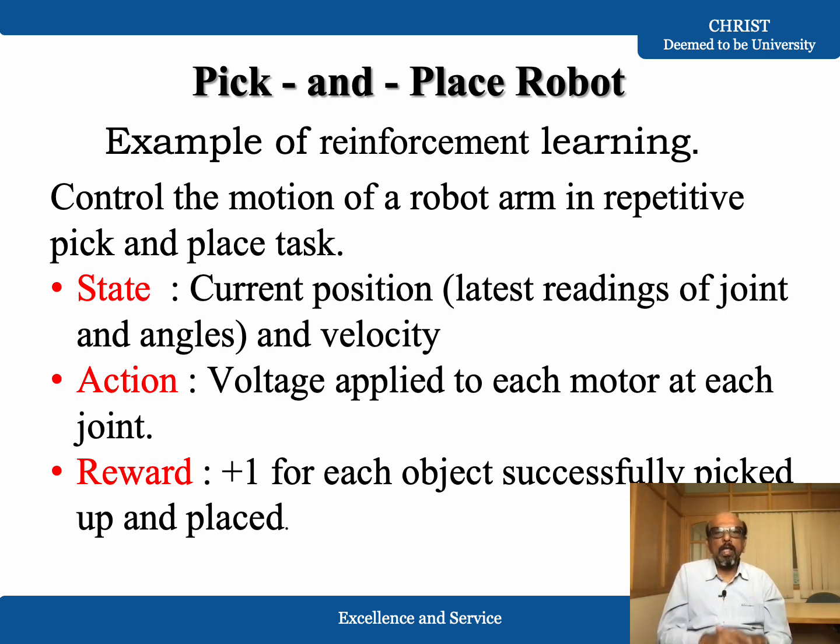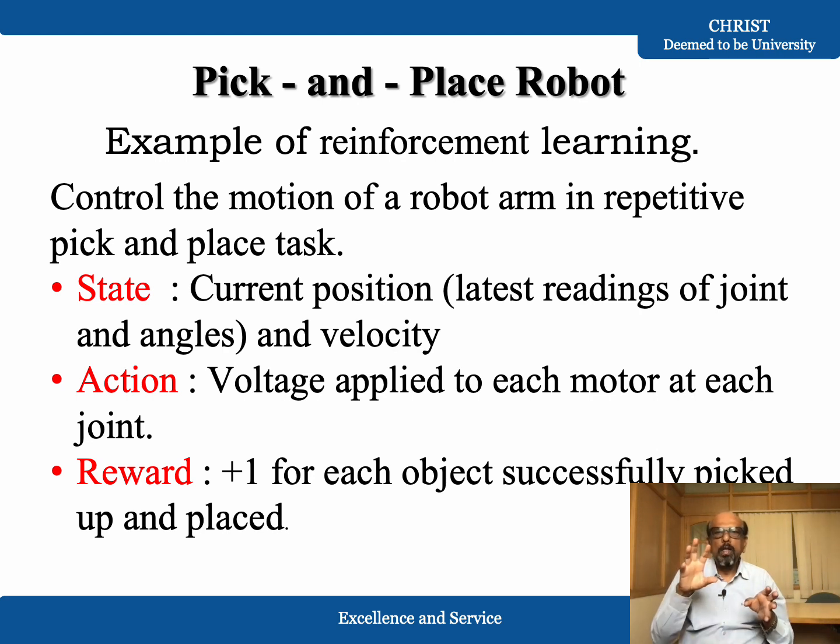So action is, there are several motors attached to the robo. So actions are where a higher voltage must be applied to which motor. If you apply, the motor will start working and the arm will start moving. So the action has to be decided. Here the reward is, if you pick up and drop, then you will get a reward of +1.